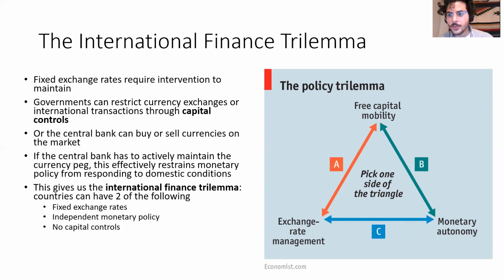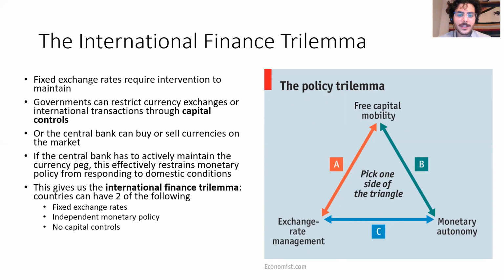One of the main goals of monetary policy in most countries is to prevent recessions, to manage business cycles. So if you have a demand shortfall, the central bank will print money or lower interest rates or do something to get the economy back on track.